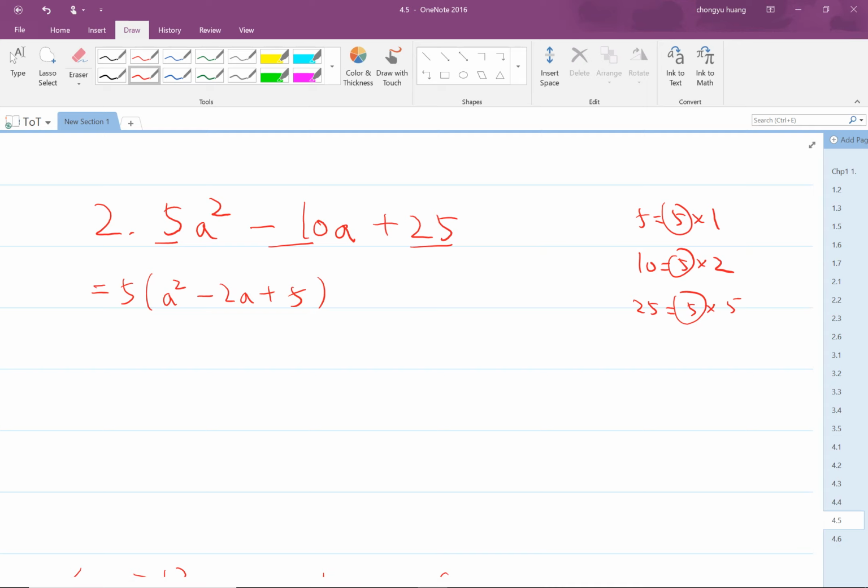So now after we factor out 5, it just becomes 5 bracket a squared minus 2a, and then plus 5. Now you are thinking about whether you are able to factor more, or exactly, am I able to factor out the thing in the bracket?